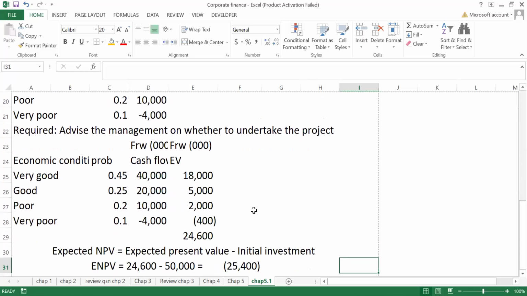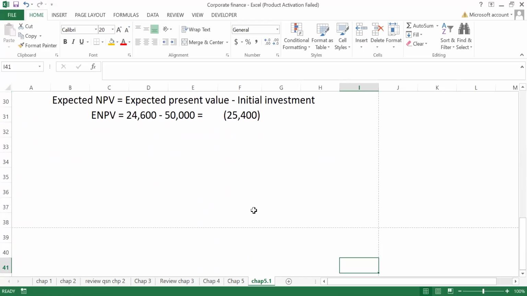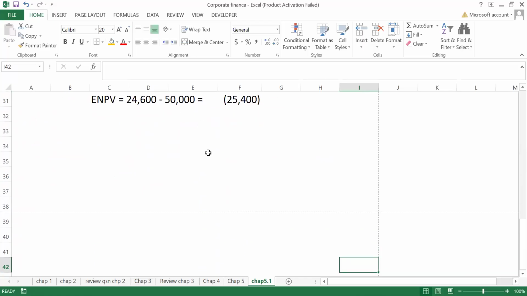So we are saying this is expected value if you are evaluating only 1 year. Suppose you're evaluating a project of 2 years or 3 years. How are you going to go about it?